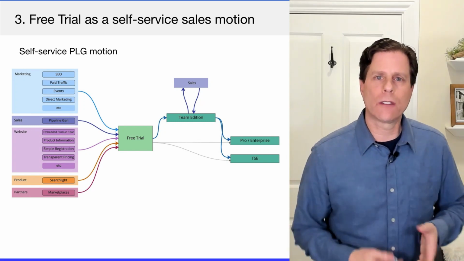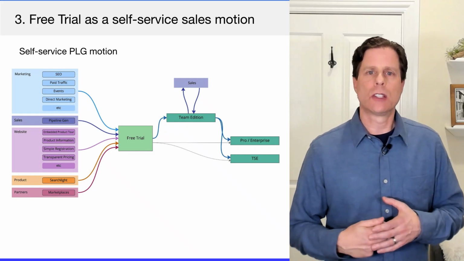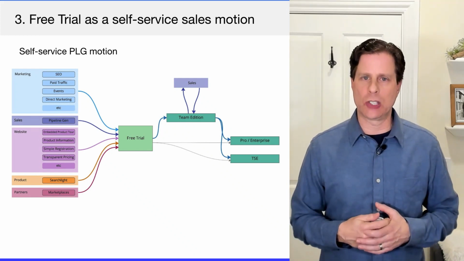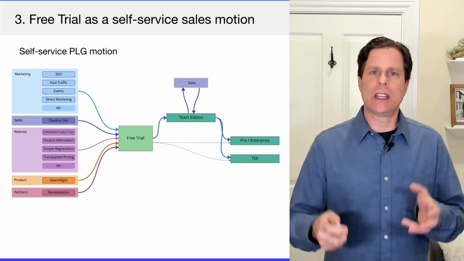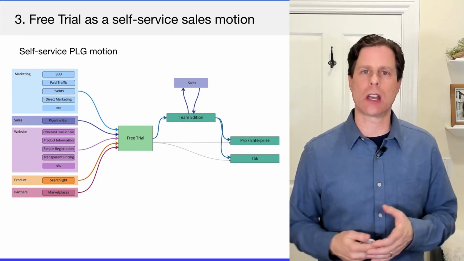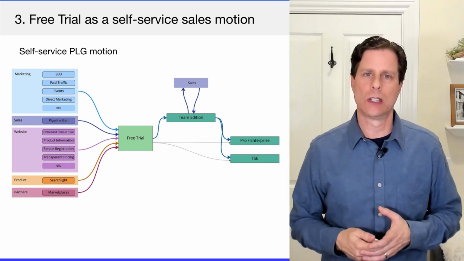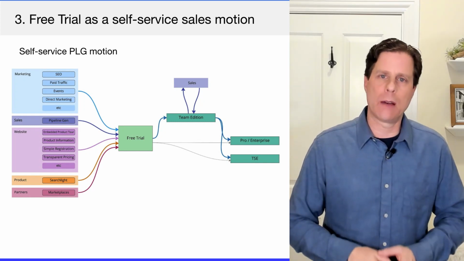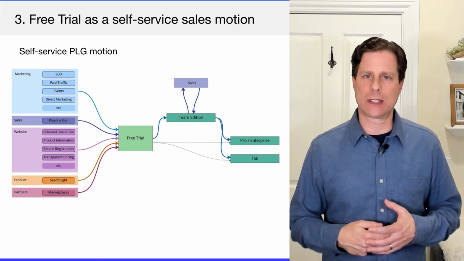And then we're using the free trial, particularly for small and medium-sized businesses, to, in a more automated fashion, move them into Team Edition as a low-touch or no-touch process. Then the focus is to get hundreds and thousands of these Team Edition customers and then have sales focus on upselling those. The advantage of this model is that we're opening up a huge market for us of SMB customers that we can sell to.